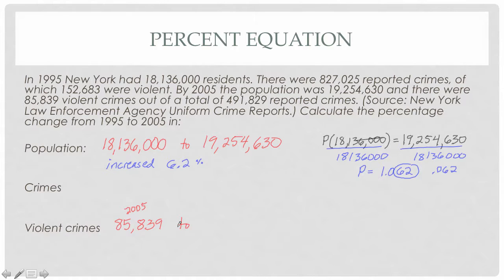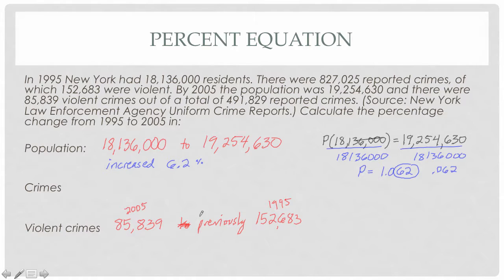But before that, previously, so I got your numbers right, previously it was 152,683. That's in 1995. So we decreased, right? It went from 152,000 to, 10 years later, almost half that, 85,000.